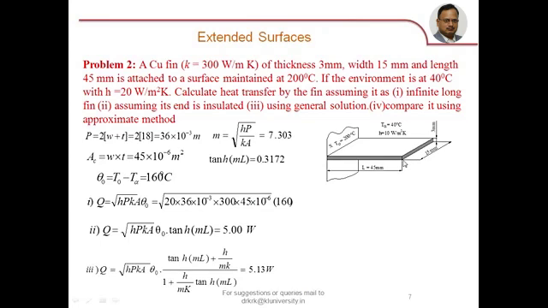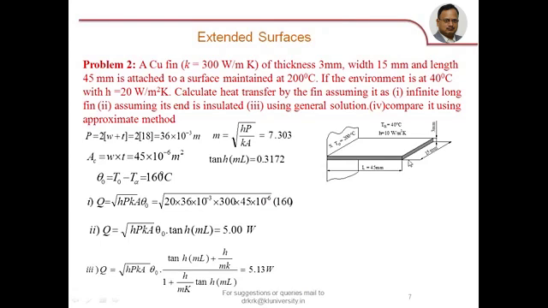We increase this length by delta L such that, from the increased length, the rate of heat transfer into the environment by means of convection is made equal to the heat transfer from the end surface.